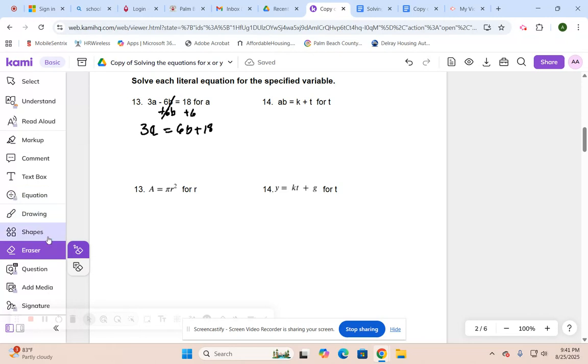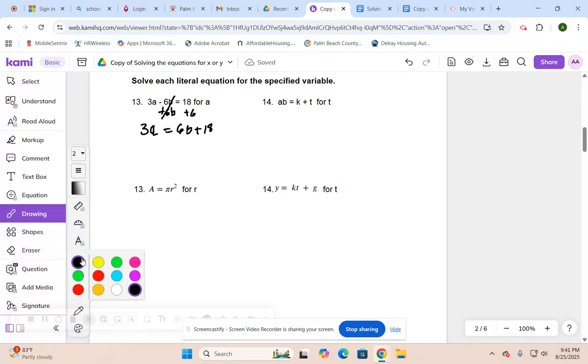Make this a lowercase b. Okay. We're not done. We need to get a by itself, so we have to divide through by 3. So now we have a equals 2b plus 6. And now we're finished. We've solved this equation in terms of a.